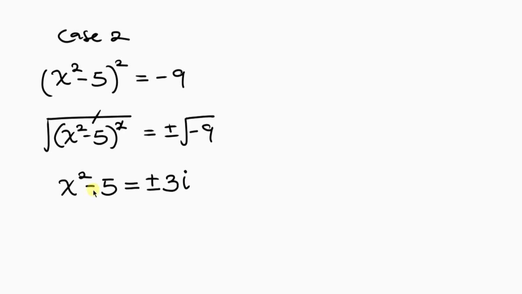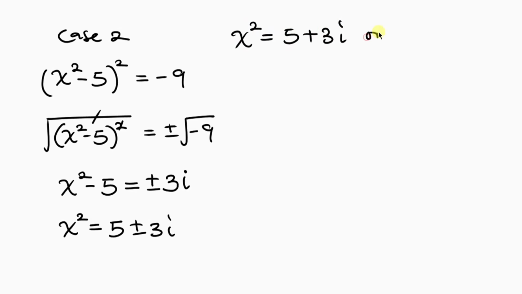Now our next step will be for us to move negative 5 to the right. So we have x² to be equal to, as negative 5 crosses to the right, it becomes positive 5 plus or minus 3i. So there are two values of x from here. We have x² to be equal to 5 plus 3i, or we have x² to be equal to 5 minus 3i.